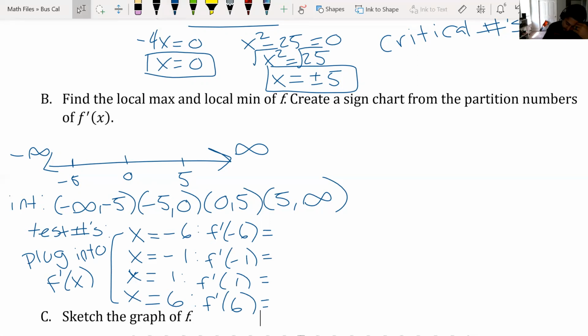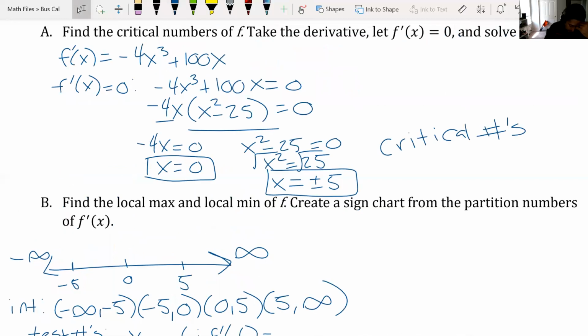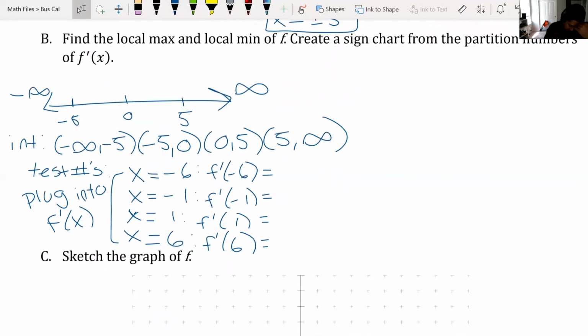Let me find my first derivative so I can plug these in. I'm going to type this in my calculator: -4x cubed plus 100x. And if I type in -6, I get -264. Just type them all in first. Hang on. -1, -96, 1, 96, and then +264.